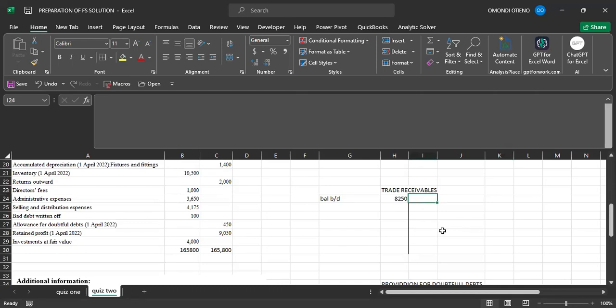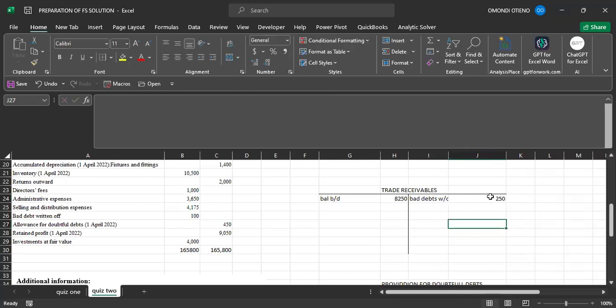So we are taking it to income statement as an expense. Under which expense category? Doubtful debts, or bad debts written off. So bad debts written off. How much was this person owing the company? 250.